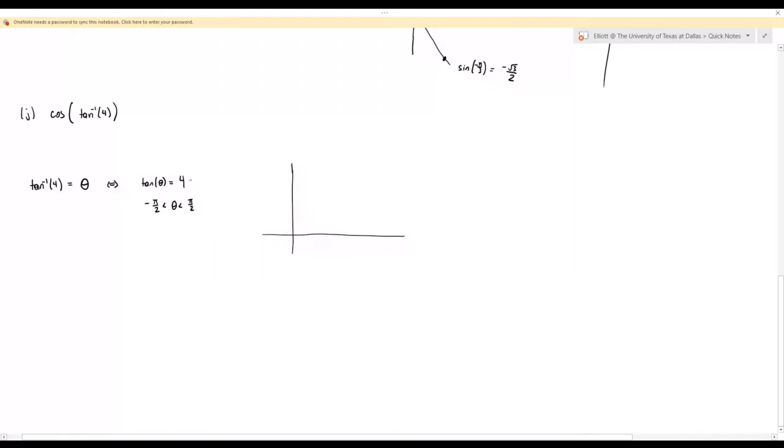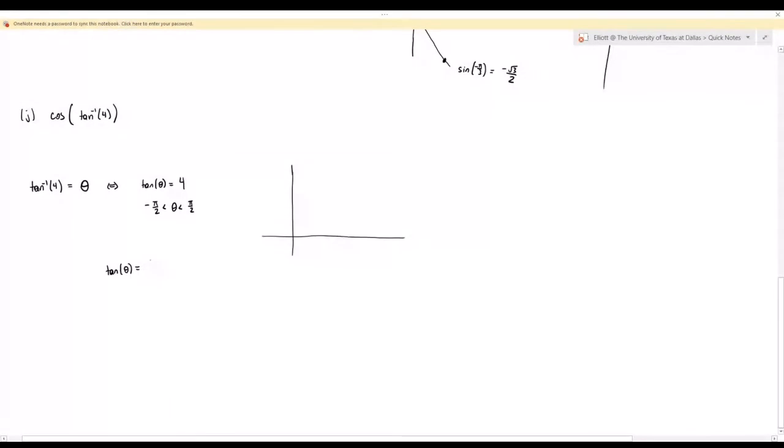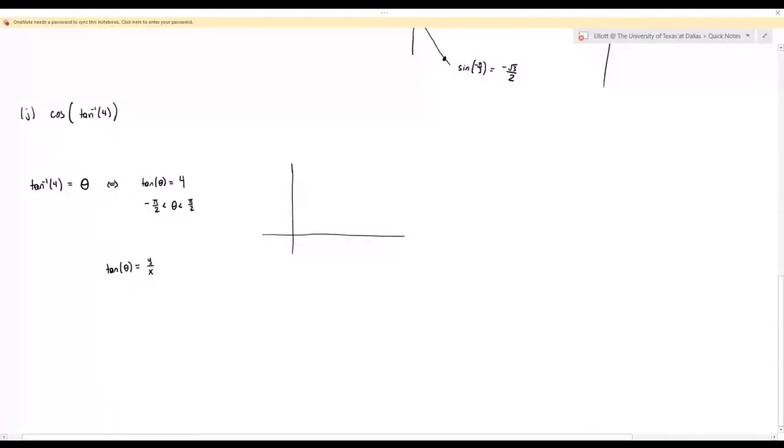Let me write it down here real quick. If I think of tangent as being y over x, and we also have tangent of theta, in this case being 4, which I can think of as being 4 over 1.